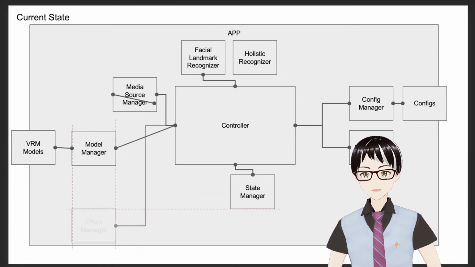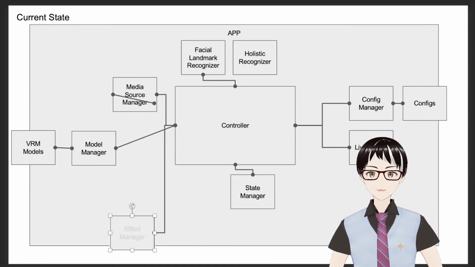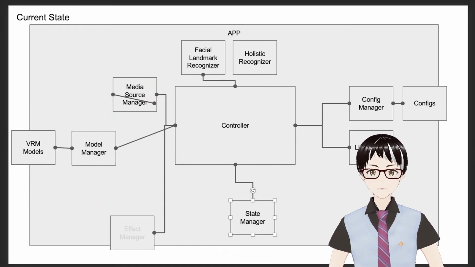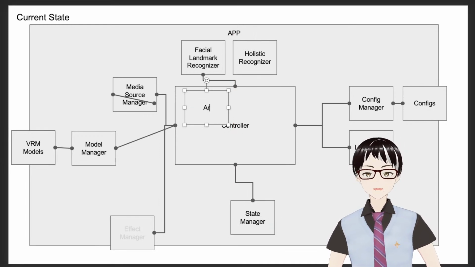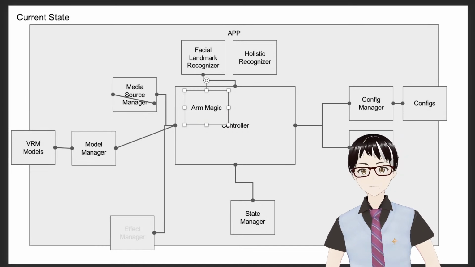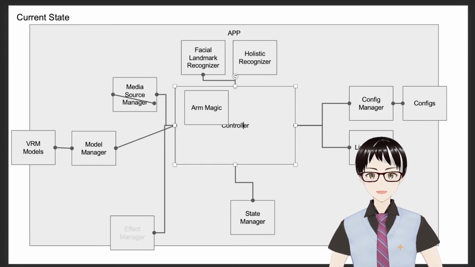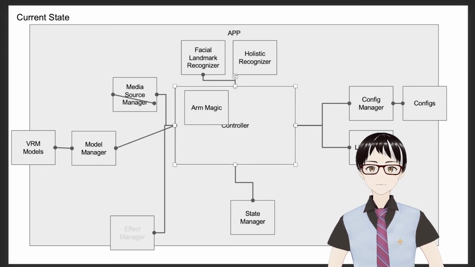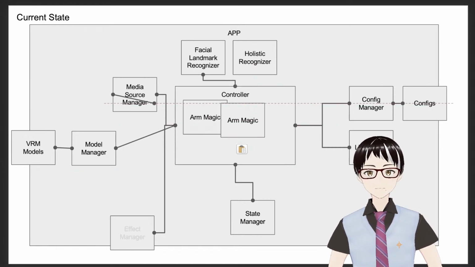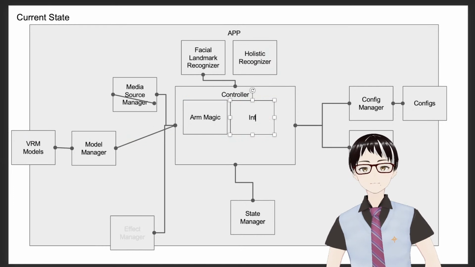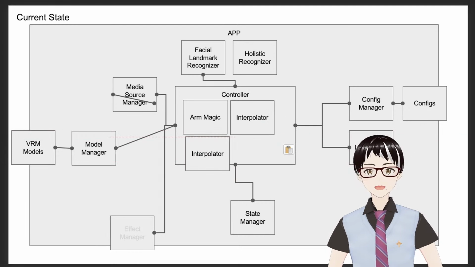Because we actually never use our effect manager. Right. So inside this controller, we can see that what we just saw, arm magic, and also interpolator, and the controller part.